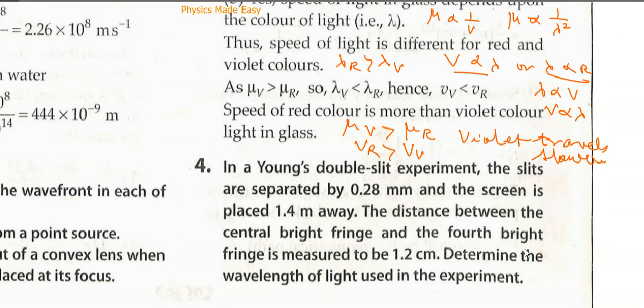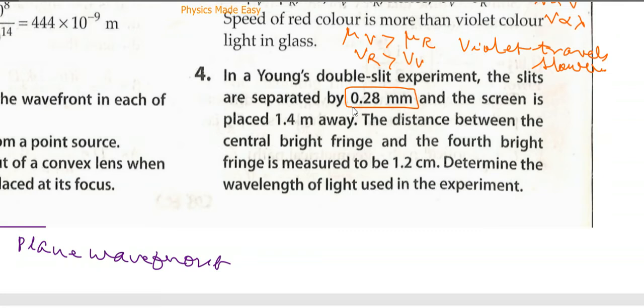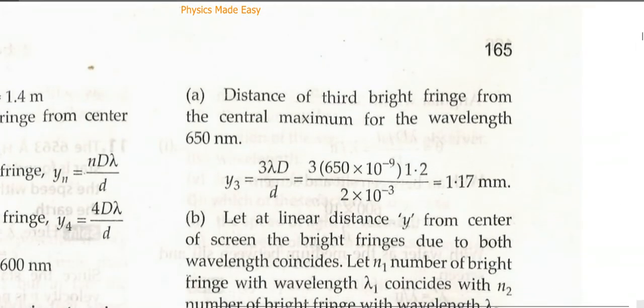Next is, in Young's double slit experiment, the slits are separated by a distance 0.28 mm. Note down the distance between the slits is in mm and the distance of the screen is in meters. The distance between the central bright fringe and the fourth bright fringe is given to be 1.2 centimeter. Determine the wavelength of light. Now let us first have a look at the diagram.